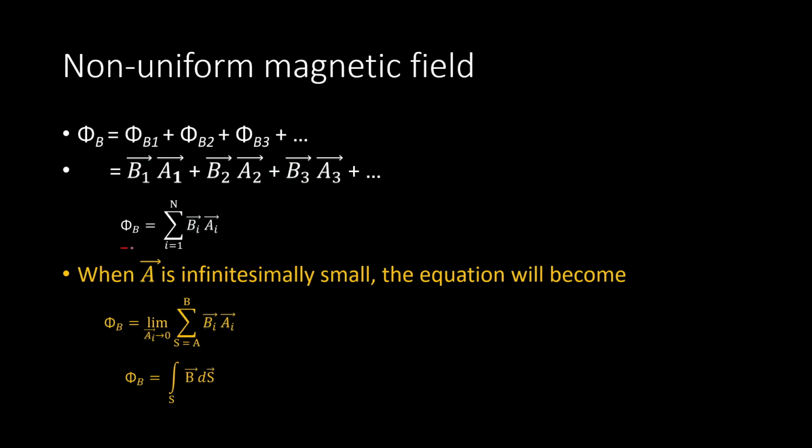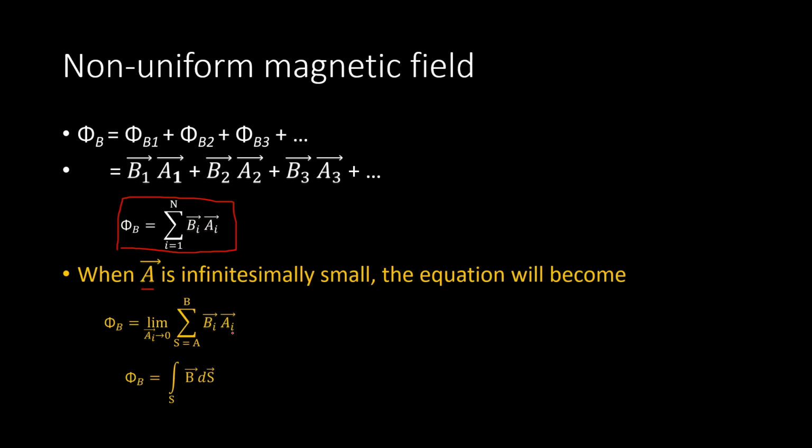And we can also form a summation equation similar to before. Okay, we got this expression which sums up all the small, infinitesimally small areas around the loop. When each area A is becoming infinitesimally small, the equation will become phi B equal to the limit as A_i goes to 0, like this.